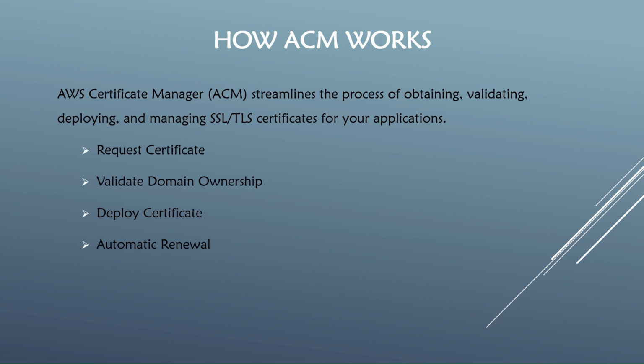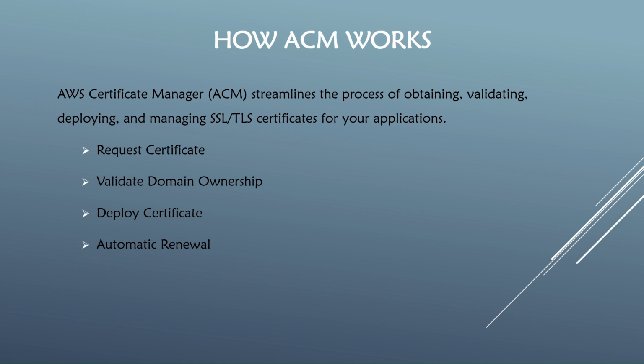The next thing is validating domain ownership. So that only authorized users can request a certificate for a domain, ACM requires you to prove domain ownership through DNS validation or email validation. With DNS validation, it provides a DNS record that needs to be added to your domain's DNS settings.